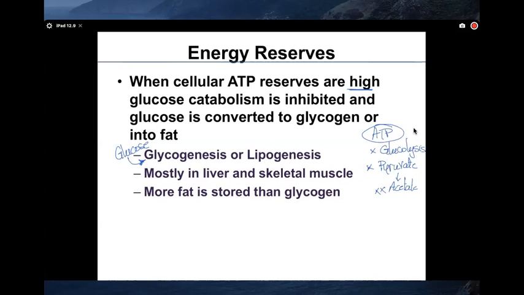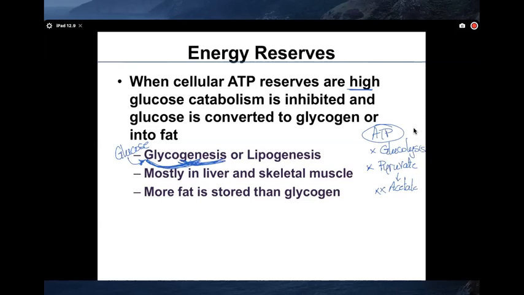We call this process of the transformation of the glucose into glycogen glycogenesis. Glycogen is the storage form of the glucose. Genesis is the creation or the formation. So the creation of the glycogen from a glucose is called glycogenesis.